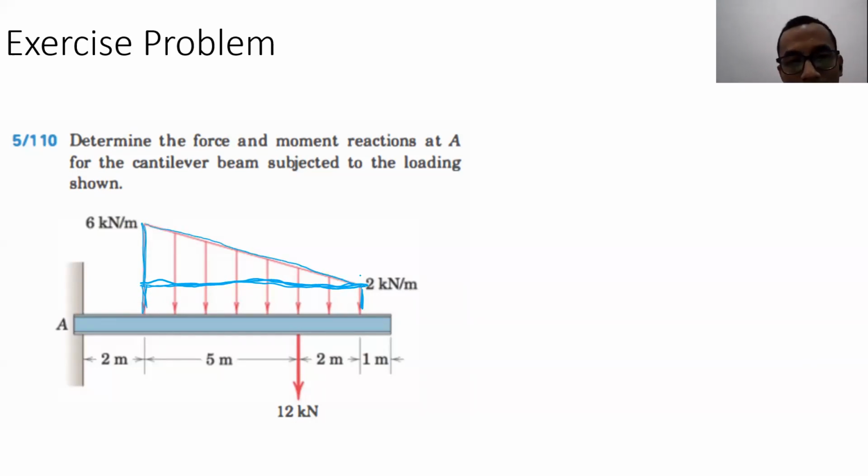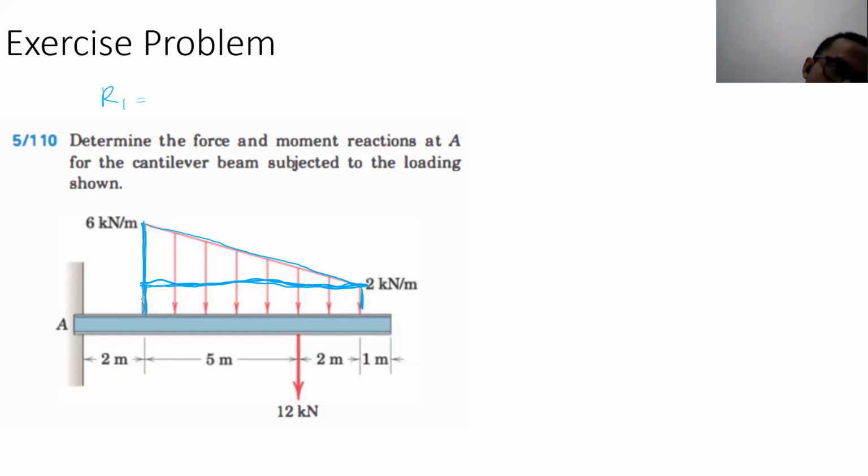If we represent the rectangle as R1 and the triangle as R2, please help me find the value of R1 and R2. Okay, sir. For R1, 6 is for the triangle, 2 for the rectangle, sir.